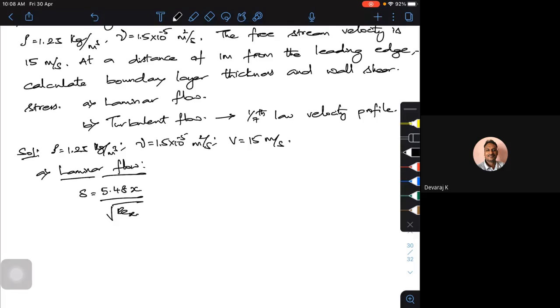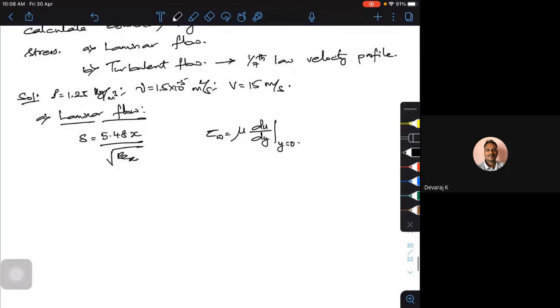And then the wall shear stress is given by mu into du by dy at y equal to 0. This is what we have actually. Now let's find the Reynolds number first. Reynolds number is equal to v into x divided by nu, or rho v x by mu, whatever it may be.